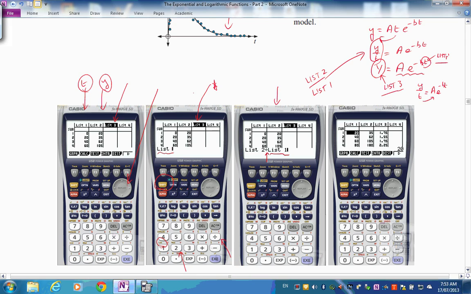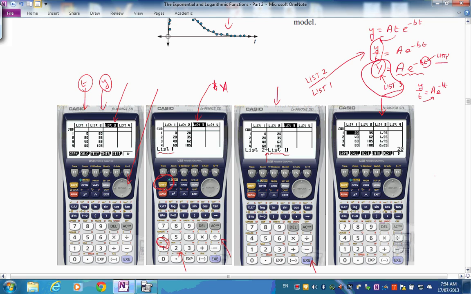So just watch this window here, shift 1 gives you the ability to refer to another list. So if you then execute that, what pops up in list 3 are list 2 values divided by list 1, which, if you like, is your big new y, which you're going to find a formula connecting to t.